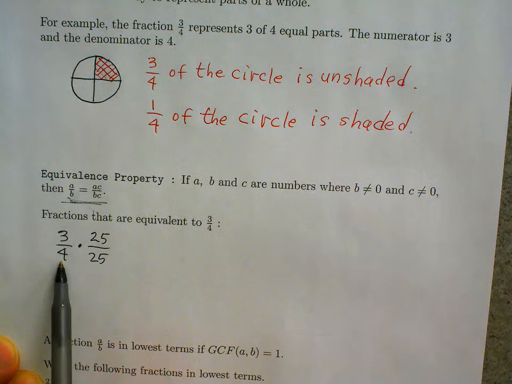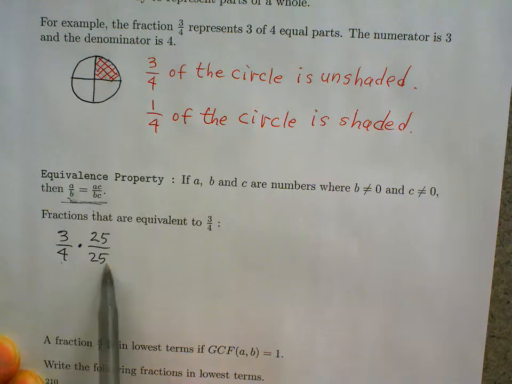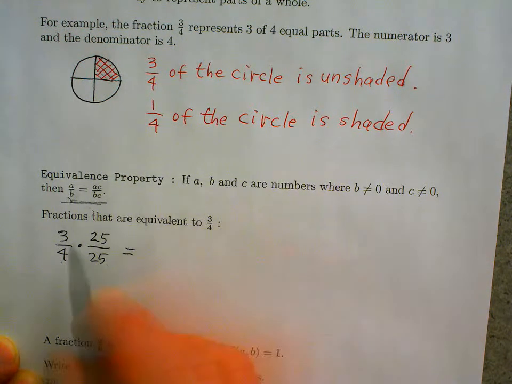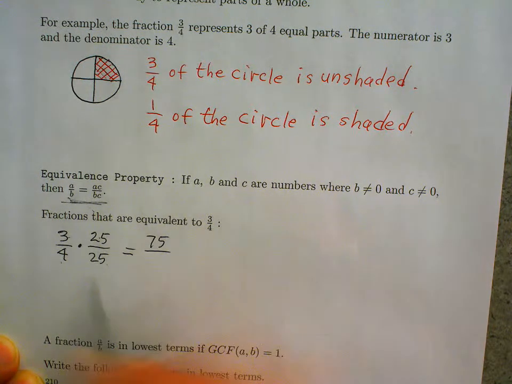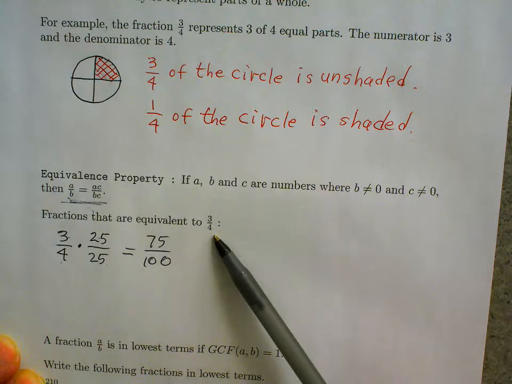So 3/4 times 25 over 25, in the numerator, 3 times 25 is 75. In the denominator, 4 times 25 is 100. So this fraction, 75/100ths, or 75 over 100, is equivalent to 3/4.